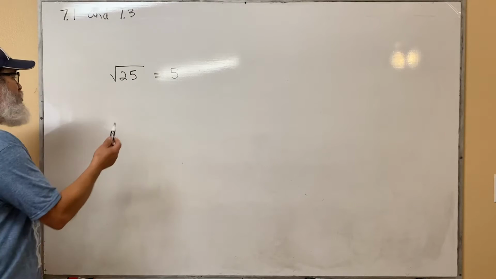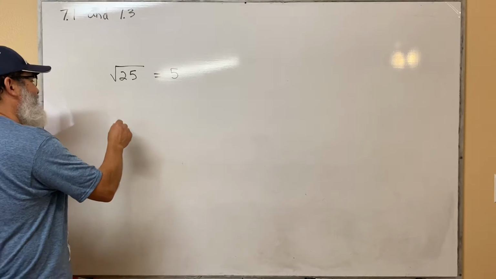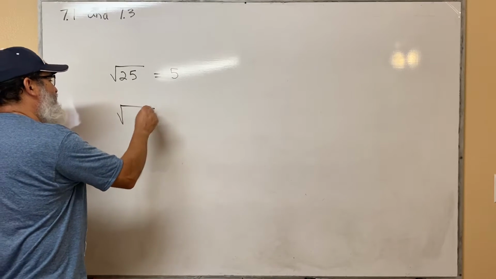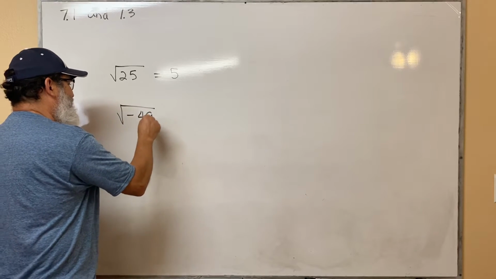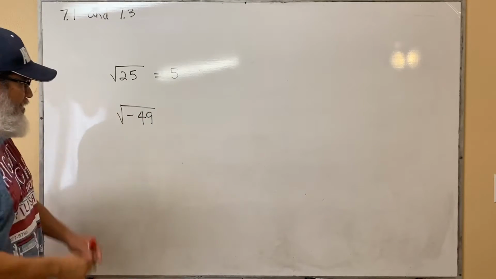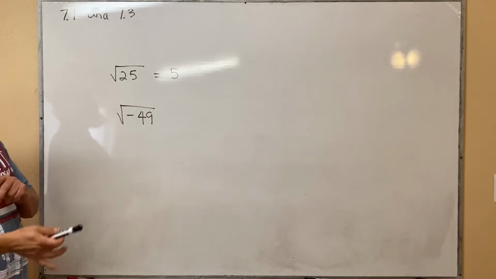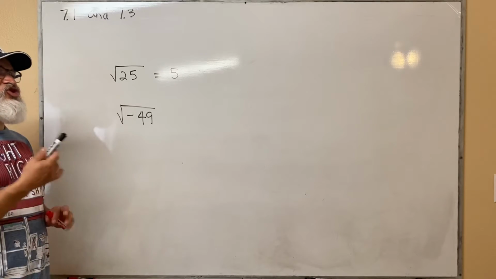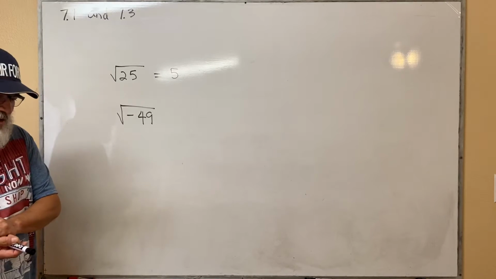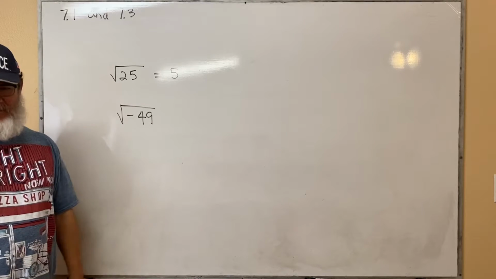Okay. Here's one more. The square root of negative 49. We're looking for a value such that when squared, you get negative 49.